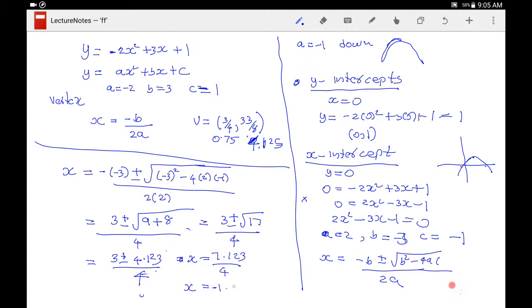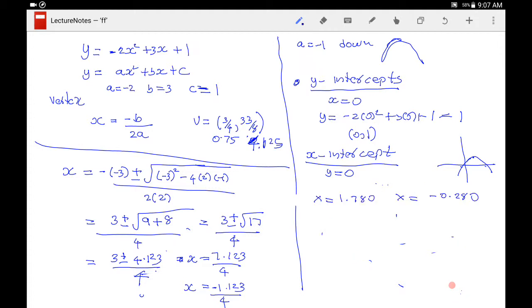Then I divide by 4 and get these x values. So I get 2 x-intercepts: 1.780 and y 0, and negative 0.28 and y 0.